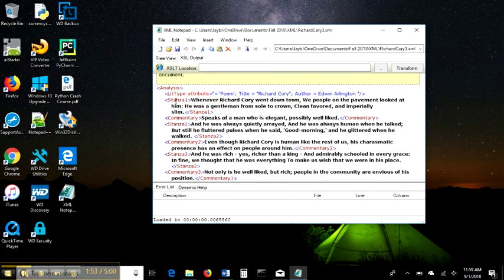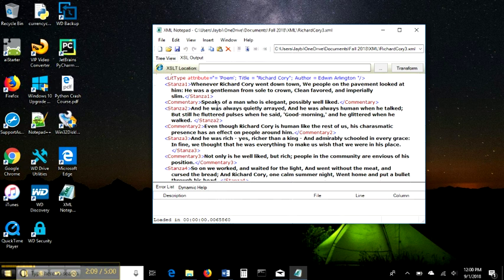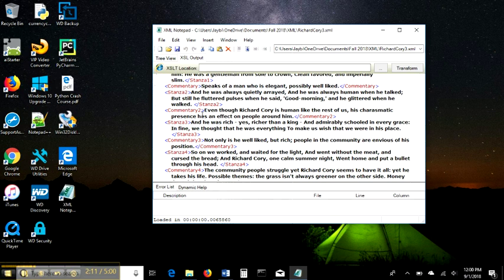And this one I broke out with stanza 1 again. This time I added the commentary after each stanza. So for stanza 1, I have my commentary on what I think about stanza 1. Stanza 2, same thing, we have the commentary for that one.